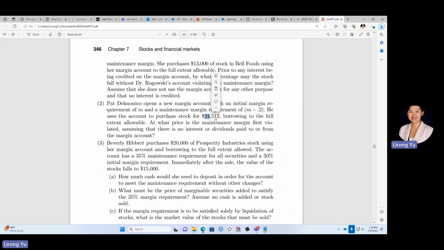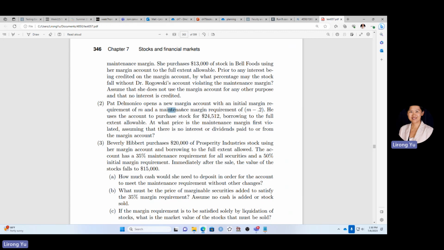So a margin account allows you to make a larger amount of financial investment with partly borrowed money. But if you borrow money, you know what happens. You might have to pay interest. But instead of interest here, the mechanism is that by maintaining the margin account balance, you actually end up paying for it.